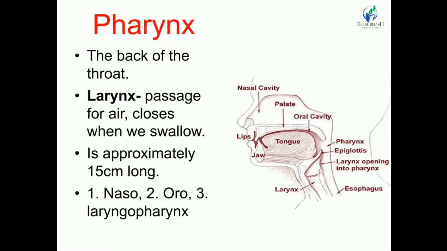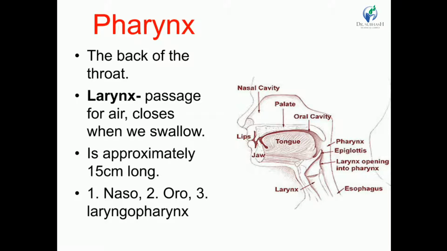Whenever there is entry of food, that food matter closes it so that further food cannot enter into the larynx. Here we can see that the larynx is present on the anterior side, whereas the esophagus is present on the posterior side.